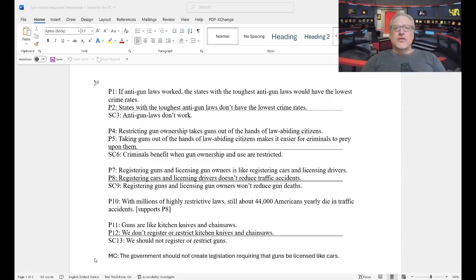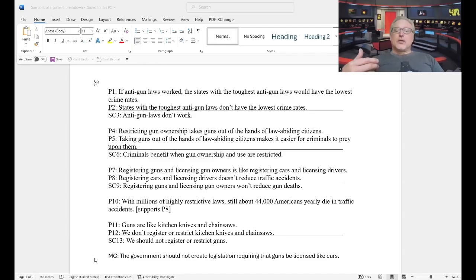So from the context, I think we have to infer that when he says anti-gun laws, he's referring to these laws specifically. So far, first subordinate conclusion, yes, does support the main conclusion. So good. Next one. Criminals benefit when gun ownership and use are restricted. Therefore, the government should not create legislation requiring that guns be licensed like cars.